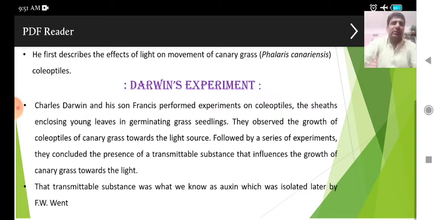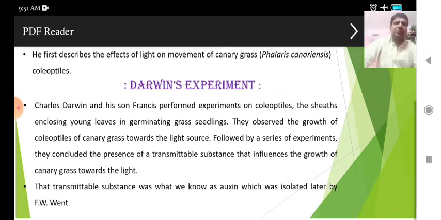That is nothing but the transmittable substance, which has the capability to influence the growth towards the light.